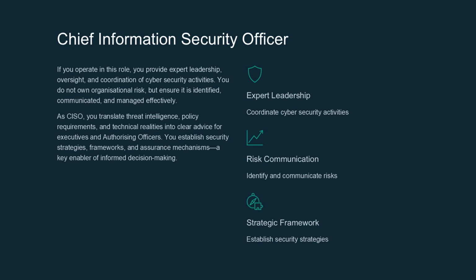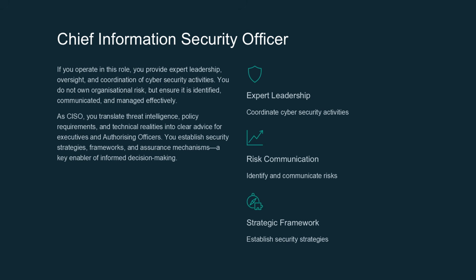Next, you have the Chief Information Security Officer, or equivalent cybersecurity leadership role. If you operate in this role, you are responsible for providing expert leadership, oversight, and coordination of cybersecurity activities. You do not own organizational risk, but you ensure that it is identified, communicated, and managed effectively.